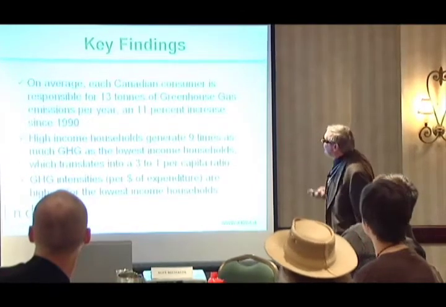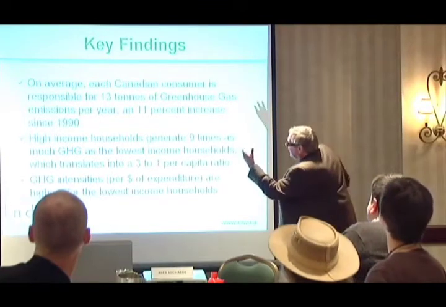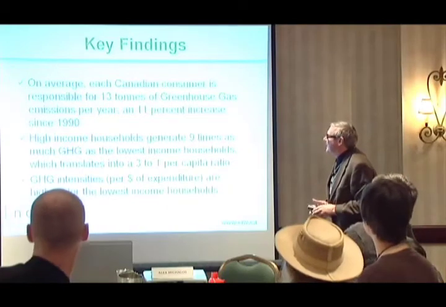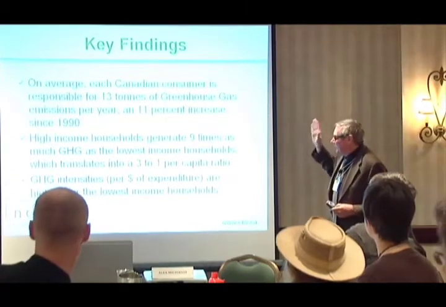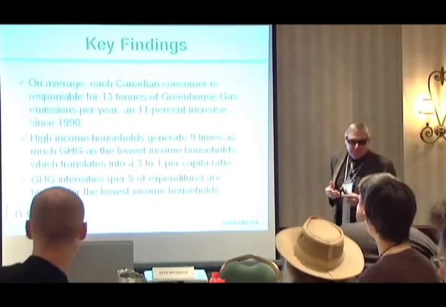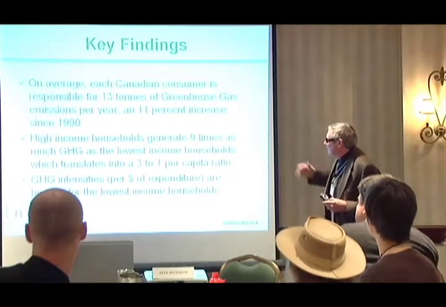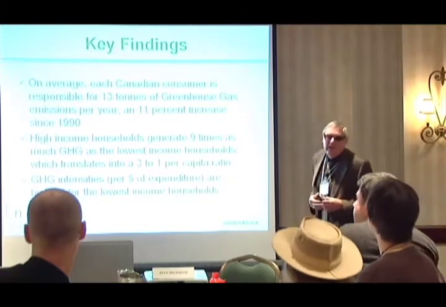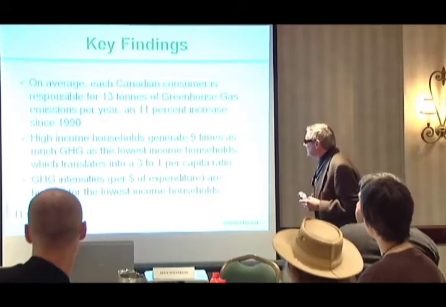I'm just going to throw out a few key findings here, and then we'll back up. On a per capita basis, each person in Canada is responsible for generating, on average, 13 tons of greenhouse gas emissions, which is an 11% increase since 1990.